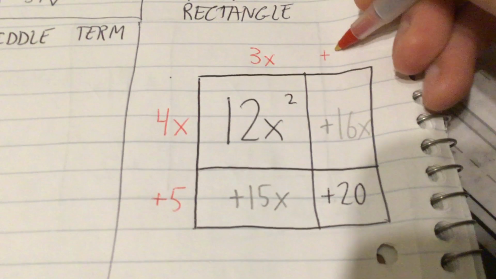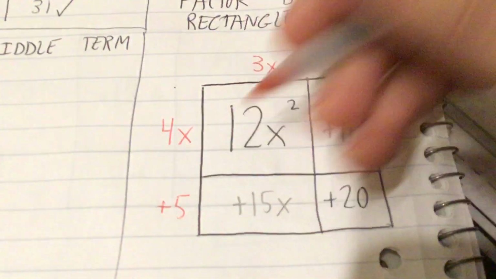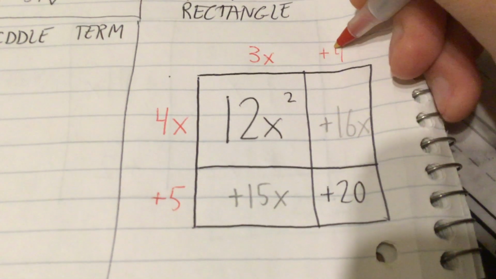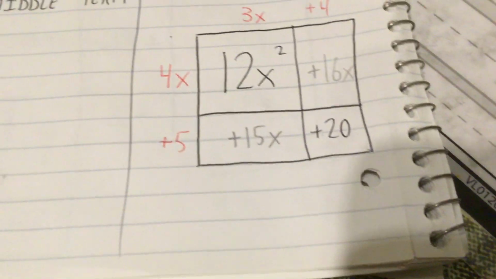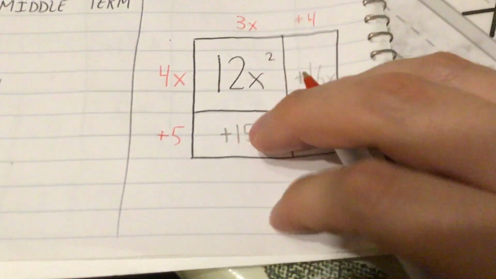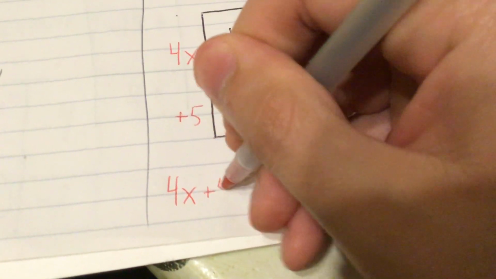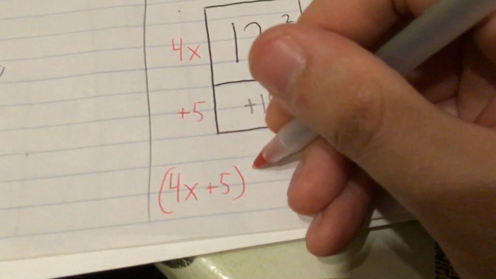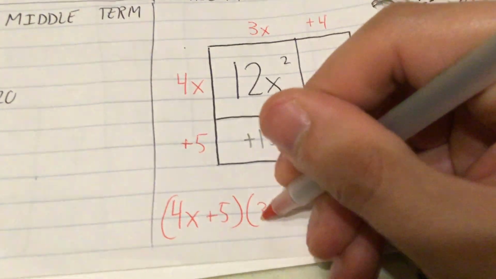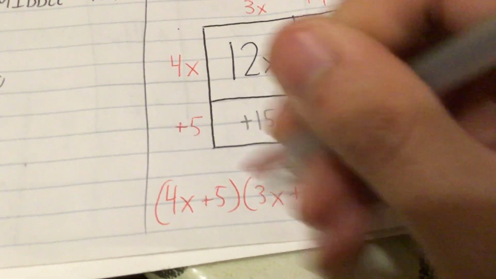Positive 4. And check your work. 5 times 4 is 20? You betcha. So the final answer is we can factor this whole thing into 4x plus 5 times 3x plus 4. Boom.